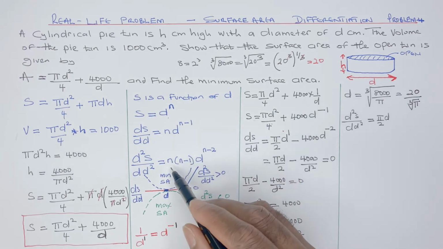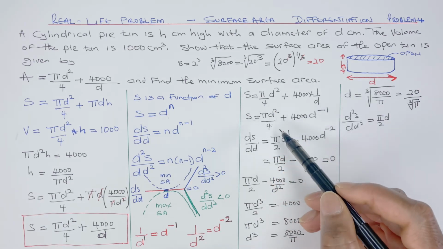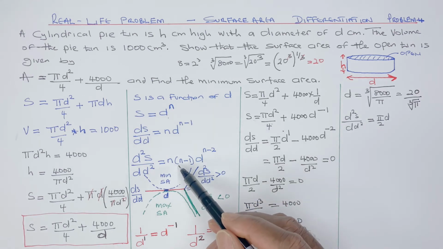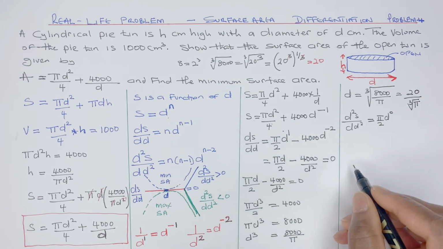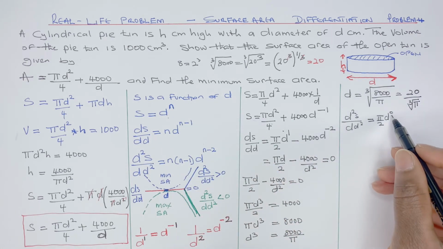So 1, or you can go straight from the s here, straight to this. You can go from there straight away to that. But I'm just doing that again. So that would be d to the power 0, because 1 minus 1 is 0. So that's 1.